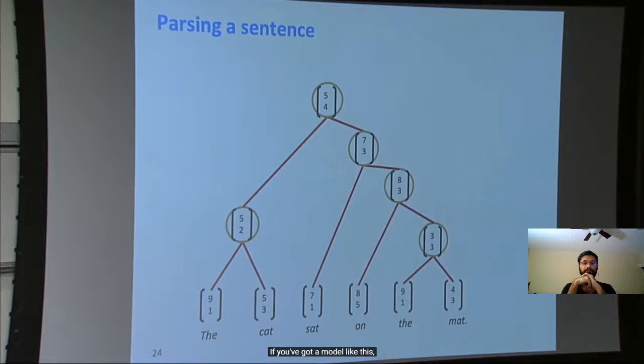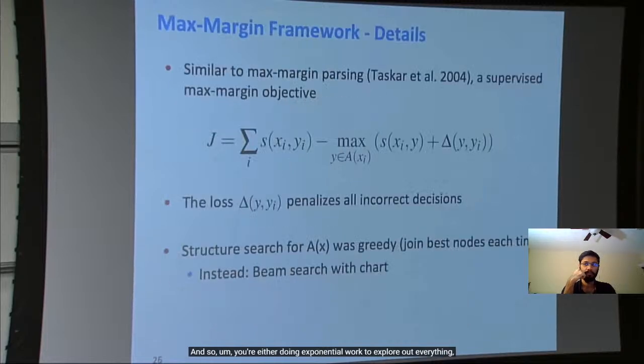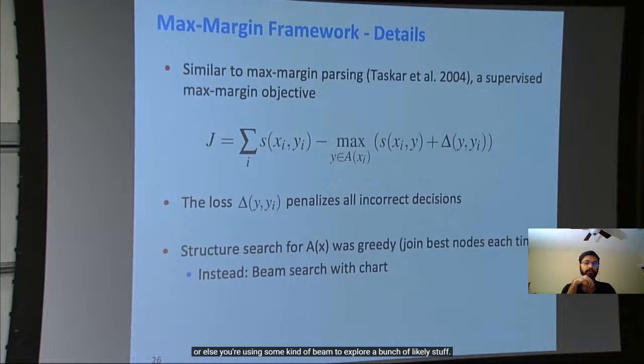If you've got a model like this, since everything that you build is going through layers of neural network and you've got a meaning representation of some high-dimensional vector, things are never going to collide, and so you can never save work by doing dynamic programming. And so you're either doing exponential work to explore out everything, or else you're using some kind of beam to explore a bunch of likely stuff.